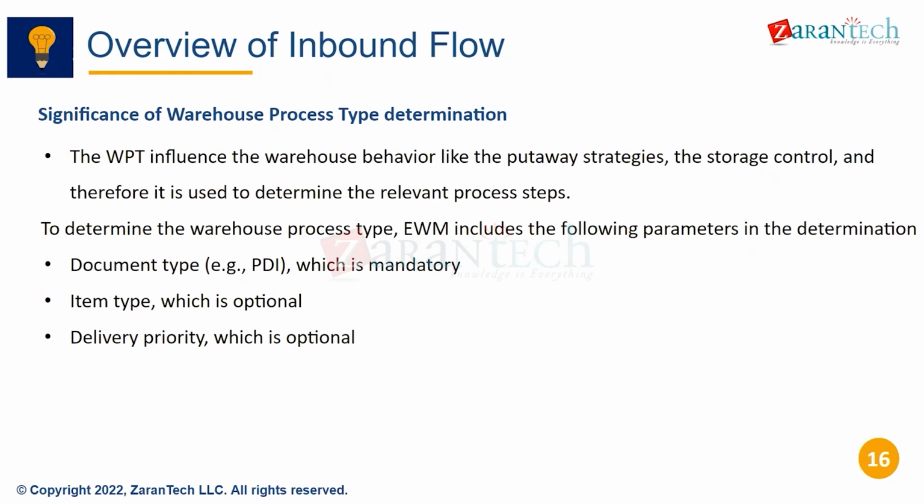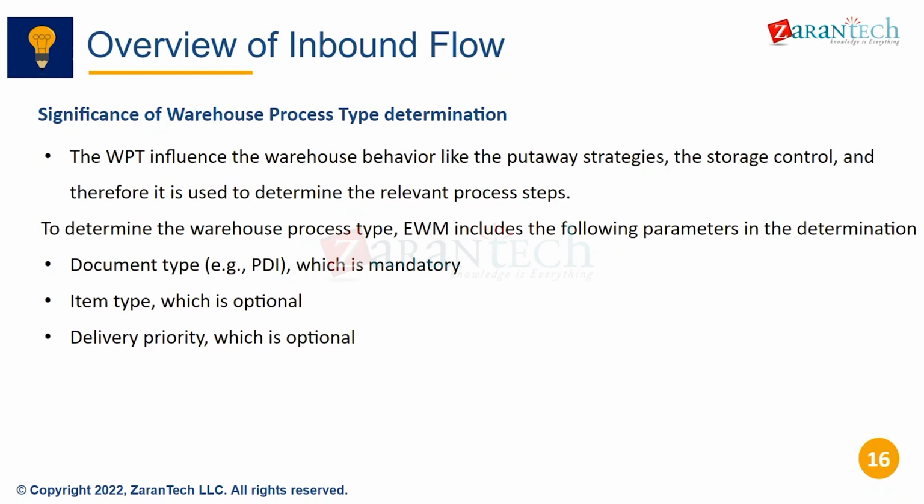Okay, so the significance of the warehouse process type in determination into the warehouse. So what is this warehouse process type? Yeah, okay. So this warehouse process type is the steps to perform any internal activity like quality inspection, unloading, or your deconsolidation activity, or your wash activity.